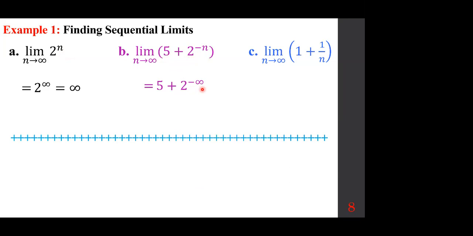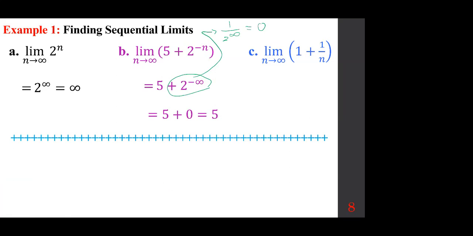We can rewrite this with the exponential format that I mentioned, everybody. Remember the exponential format? We can write this as 1 over 2 to the power of infinity, which is 1 over infinity, which is 0. And the answer is 5.